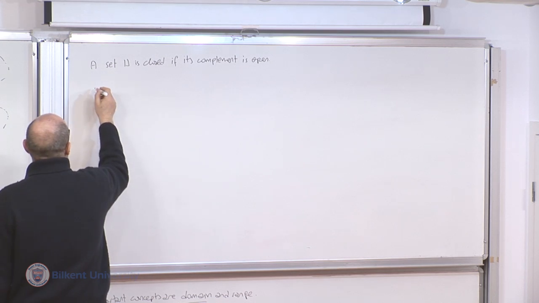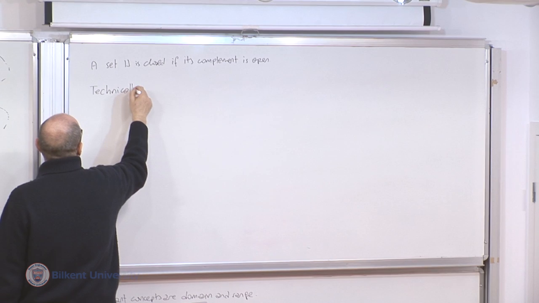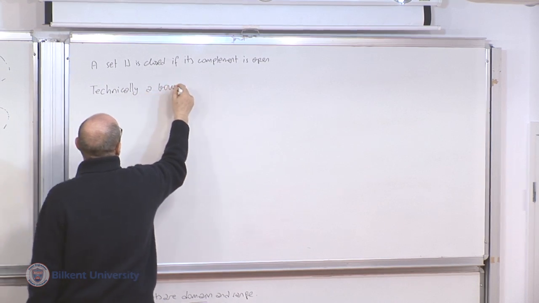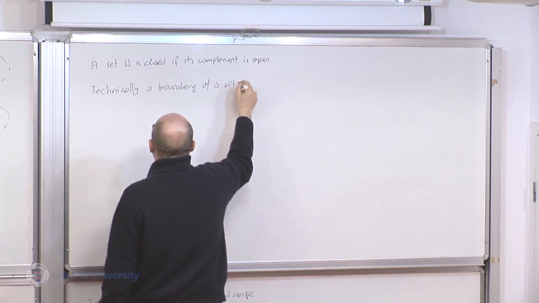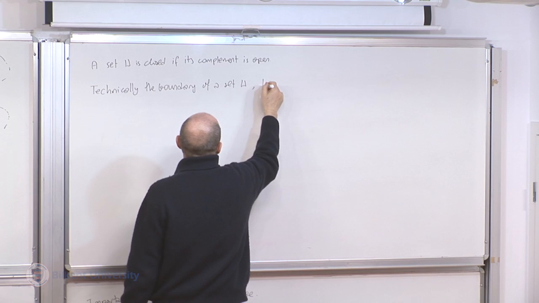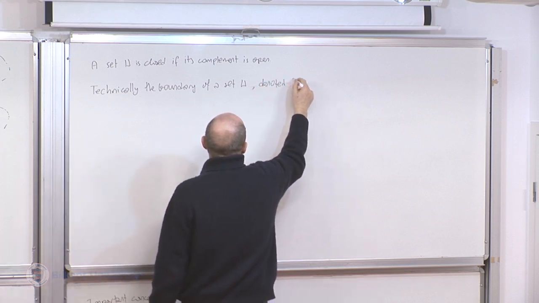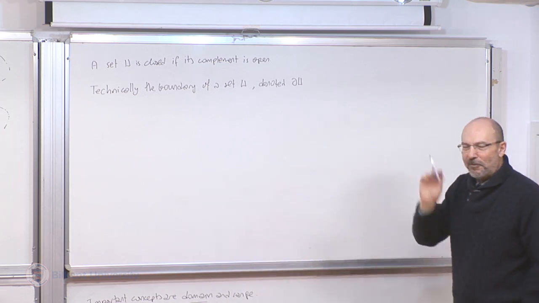And technically, let me give the definition of a boundary. The boundary of a set U is almost always denoted like this, the partial derivative symbol applied to U, with respect to nothing.